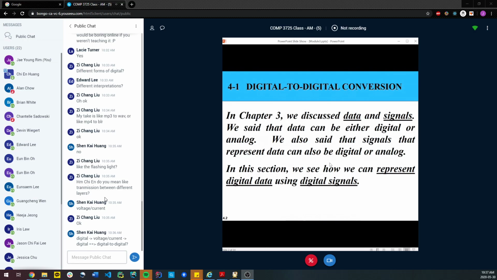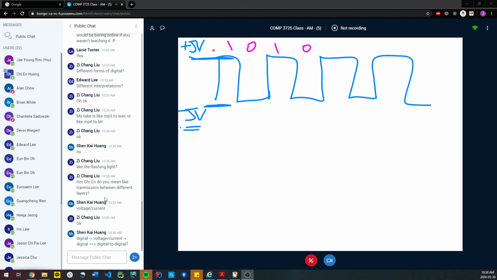An example of digital form would be things coming off your digital camera sensors. An example of analog data would be my human voice. Those are information contents. But when I transmit, I could transmit as a digital signal, or I could transmit an analog signal.